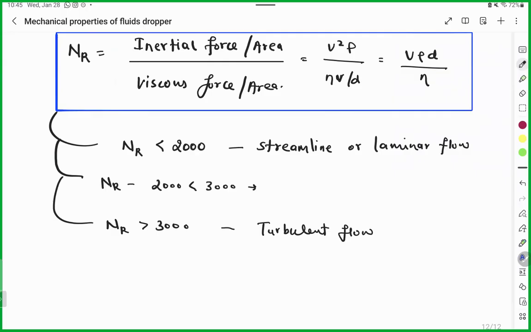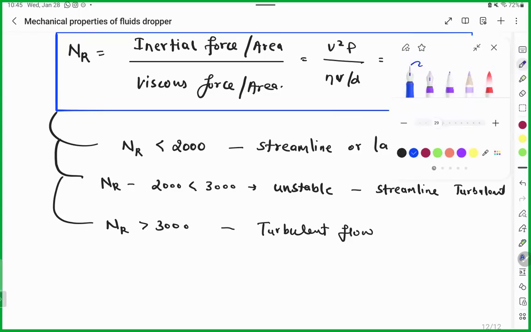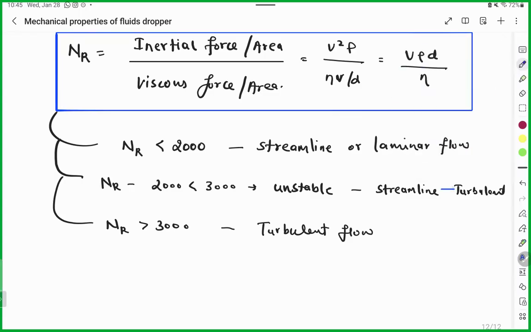It means between 2000 and 3000 it is changing, so it is unstable. You can't say exactly one thing. It could be streamline, it could be turbulent. Understood? It can change from one into the other.